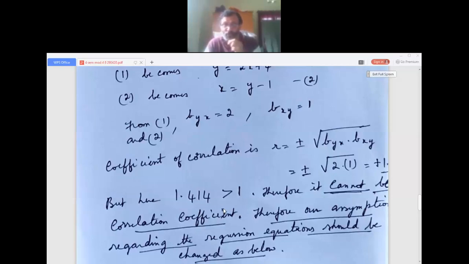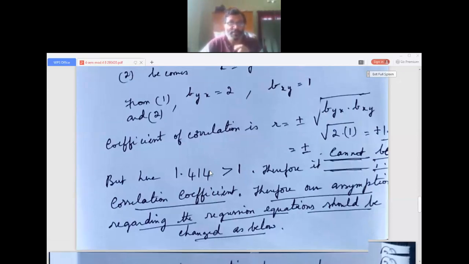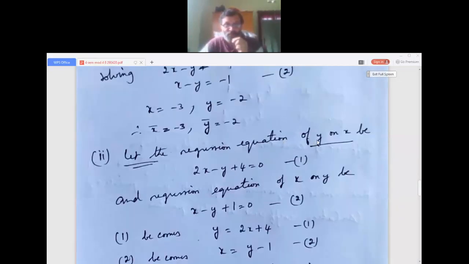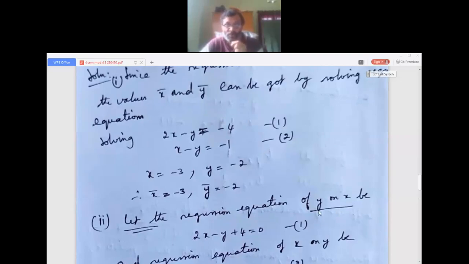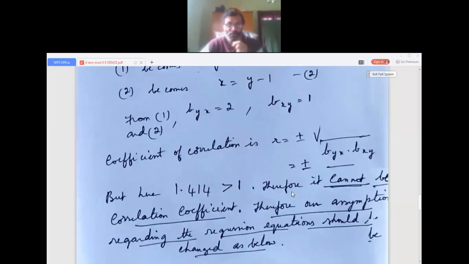Therefore, our assumption regarding the regression equation should be changed. When such a case arises, where you are getting r greater than 1, our assumption should be changed. What was the assumption? We took this as the regression equation of y on x, and this as x on y. Our assumption is wrong, so we take this as x on y and this as y on x. I hope it is clear.